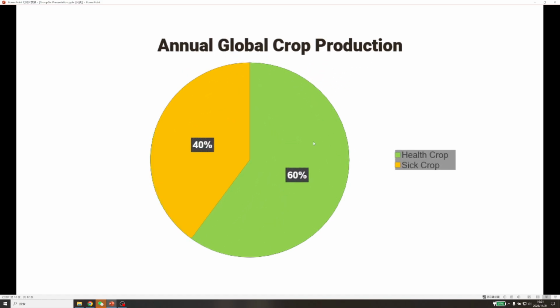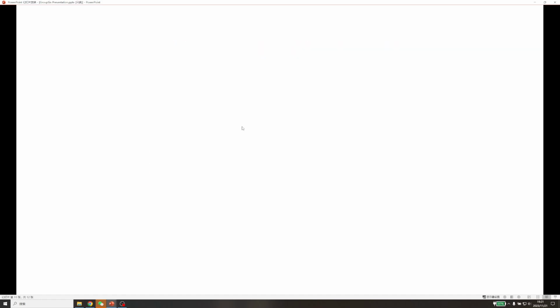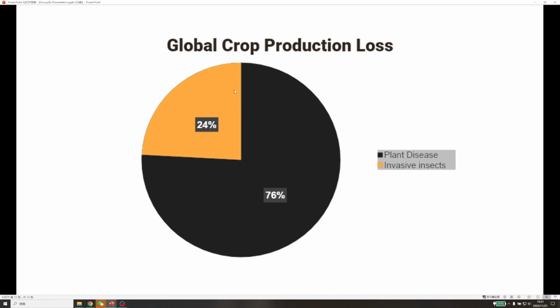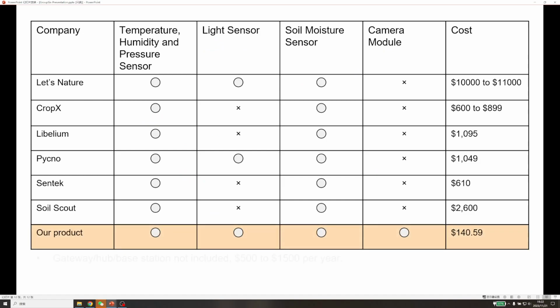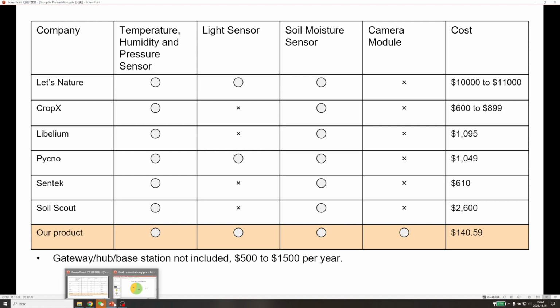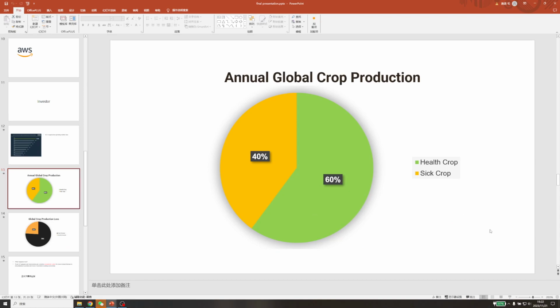We also made some data. You can see this graph, which is a bit not clear, and we want to use this chart to persuade the investors.